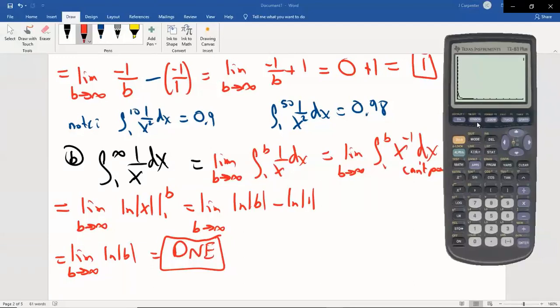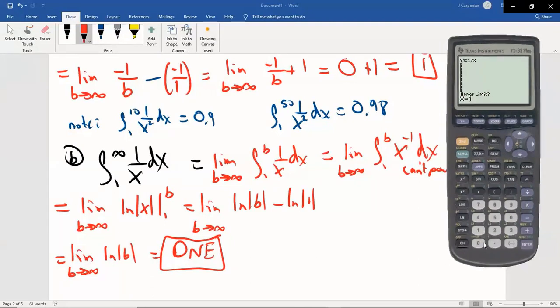Oh, I went from 0 to 10, didn't I? I meant to do 1, and I'm going to break the calculator because it can't handle it. See, break. That's because going to 0, you have that divergence issue as well with 1 over x. I got to go from 1 to 10. There we go. And that area is 2.3.